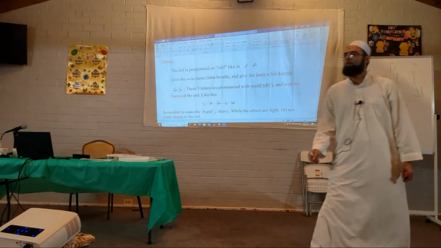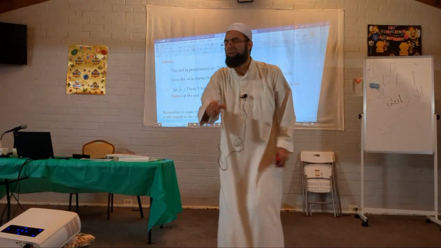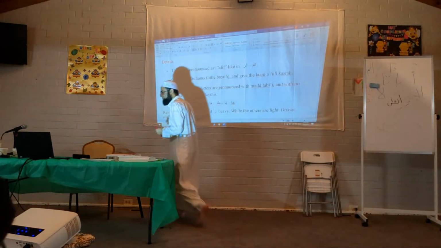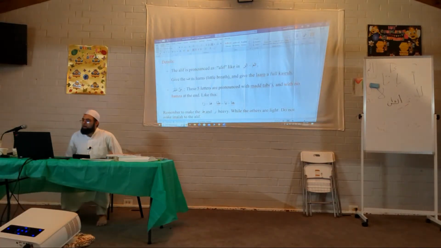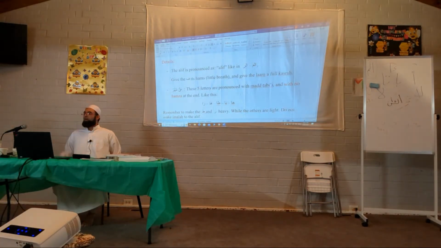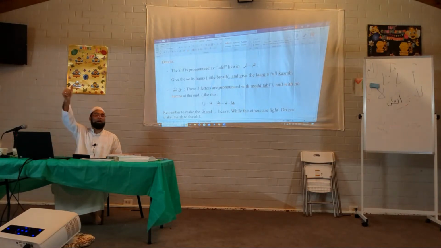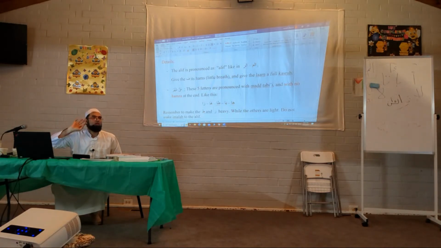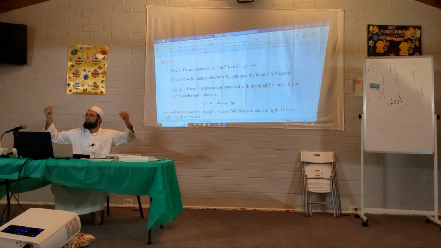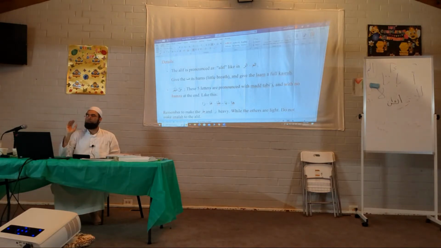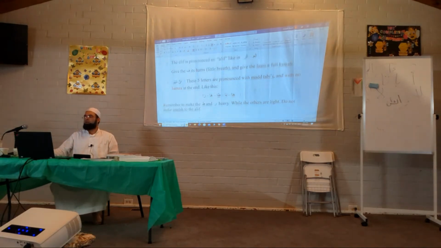What's the mistake? The ha of the fa. The alif is pronounced as in Alif Lam Ra. Give the fa its hams, a little breath, and it has rakhawa, the sound will flow. And give the lam full kasra. That's the alif.